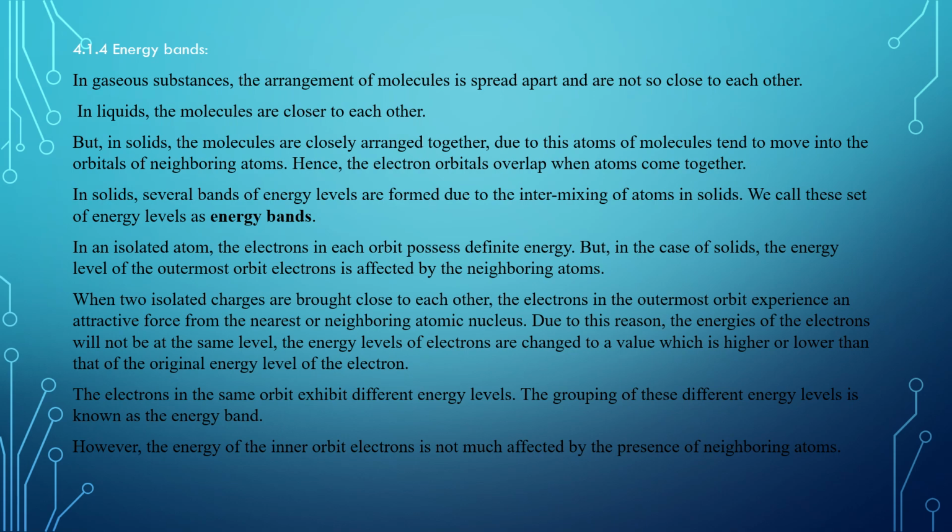The energy levels of electrons are changed to a value which is higher or lower than the original energy level of the electron. The electrons in the same orbit exhibit different energy levels. The grouping of these different energy levels is known as an energy band. However, the energy of the inner orbit electrons is not much affected by the presence of neighboring atoms.